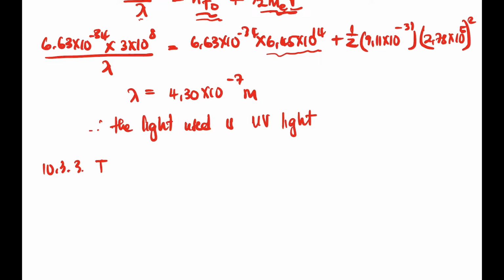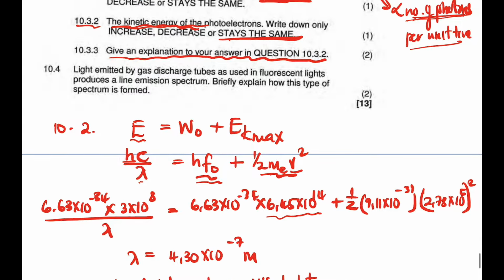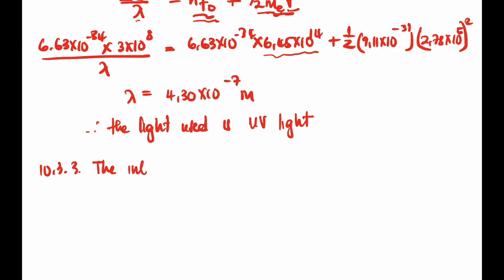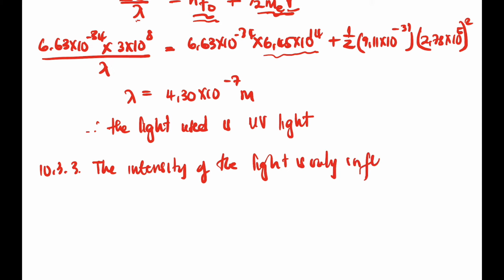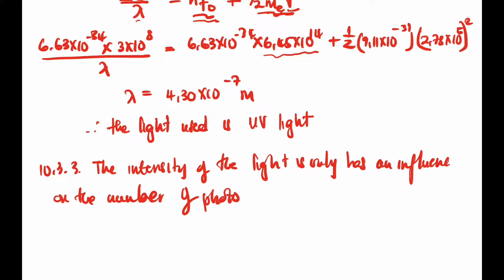You will say the intensity of the light only has an influence on the number of photoelectrons emitted per unit time.